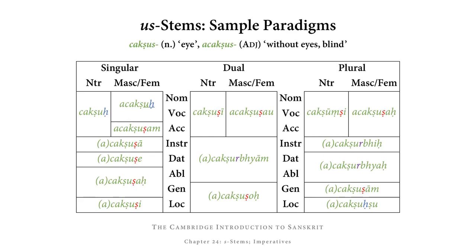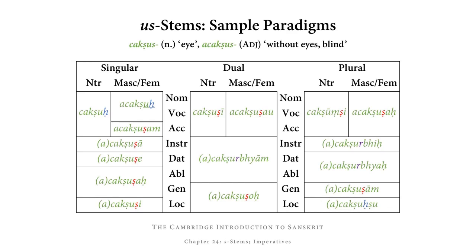In the nominative, vocative, accusative plural in the neuter, we get cakṣūṃṣi, which is basically parallel to manāṃsi. So the vowel is lengthened, a nasal is added, and then we have the s and the final i. The only difference is that, again, through the ruki rule, the s at the end of the stem changes into ṣ, and so we get not cakṣūṃsi, but cakṣūṃṣi.